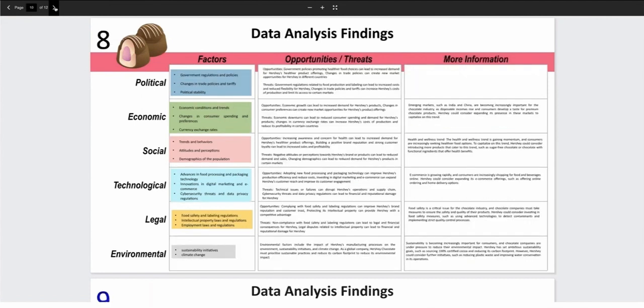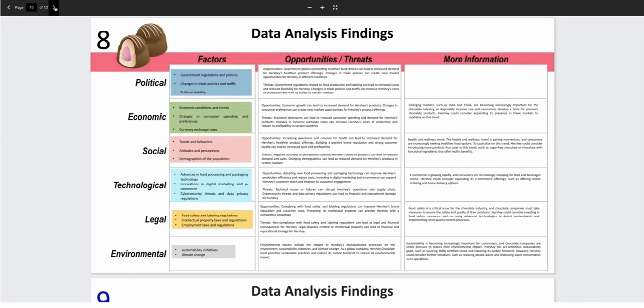Now, what are the findings? The findings for you are the following. You did look into opportunities, you looked into the threats, you looked into the data, you found out where to go to find the data. Then you had your research questions, you responded to your research questions, and then you did the analysis. And based on the analysis, you're writing your findings here.